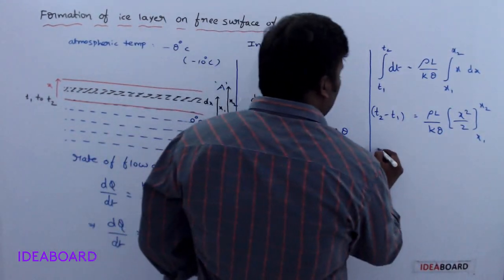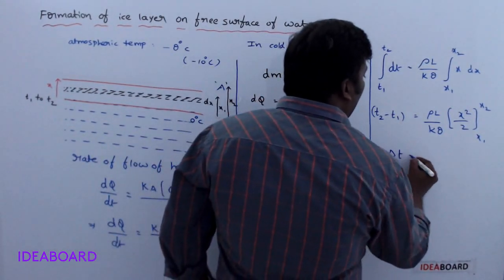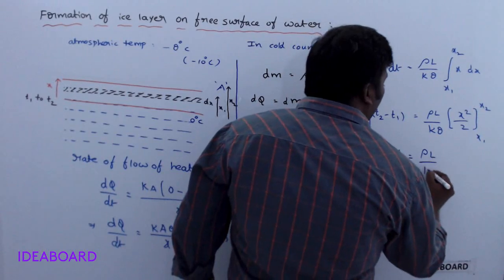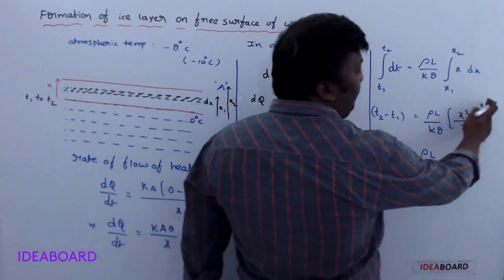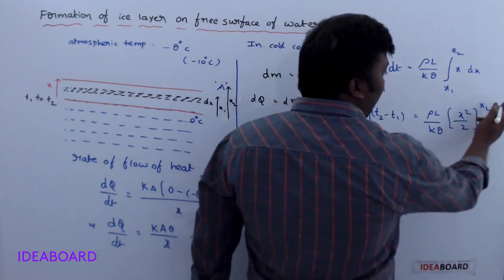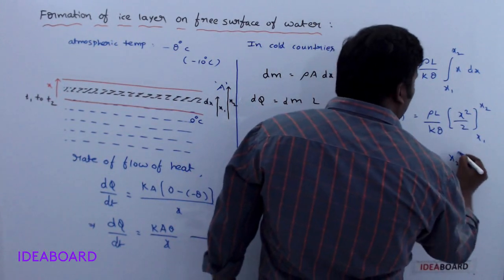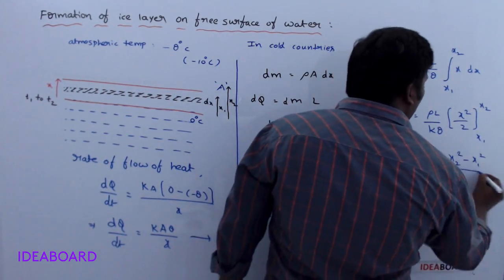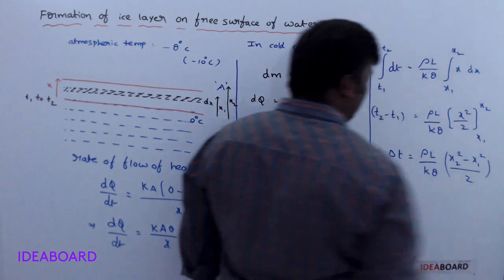Therefore, delta t is equal to ρ L by Kθ. First apply the upper limit, then lower limit. First upper limit, x2 square minus x1 square by 2.